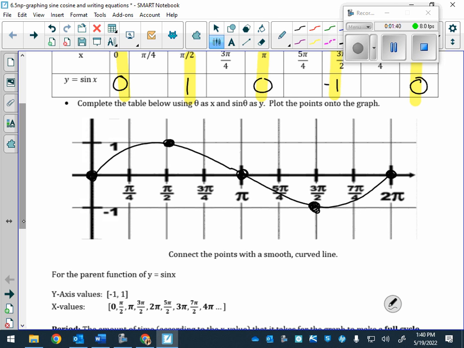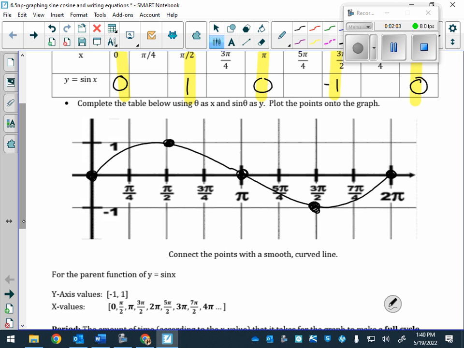What would the x-axis represent for the circle? What are some comparisons there? The time it takes to complete one revolution, one rotation. Anything else?